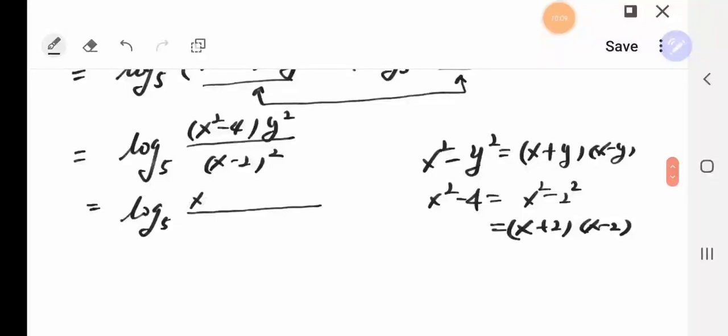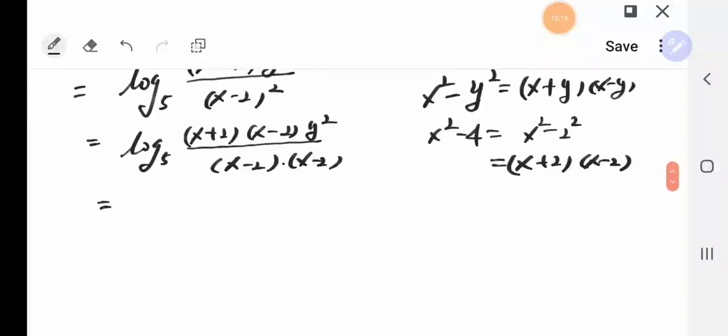So this will be x plus 2, x minus 2, y cubed, and the denominator x minus 2 times x minus 2. Since we have the common factor x minus 2, we can cancel out. So the result is x plus 2 times y cubed divided by x minus 2. And you don't have to write the parentheses.